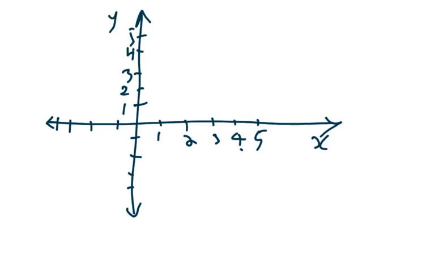Let's now say this is our triangle again. The coordinates here are important. This would be 3, 1.